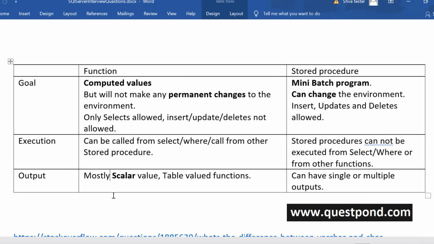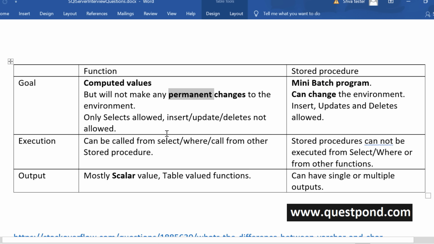So I call a function and I want to get a single value. Most of the time functions are used to get some computed scalar values out. As I've said, you can have multiple sets of output from a function as well, but mostly it is used for scalar values.